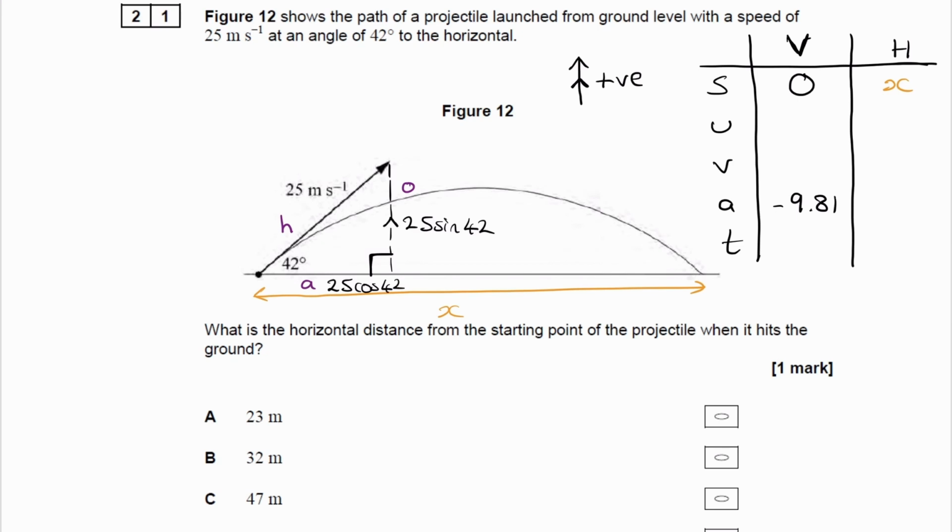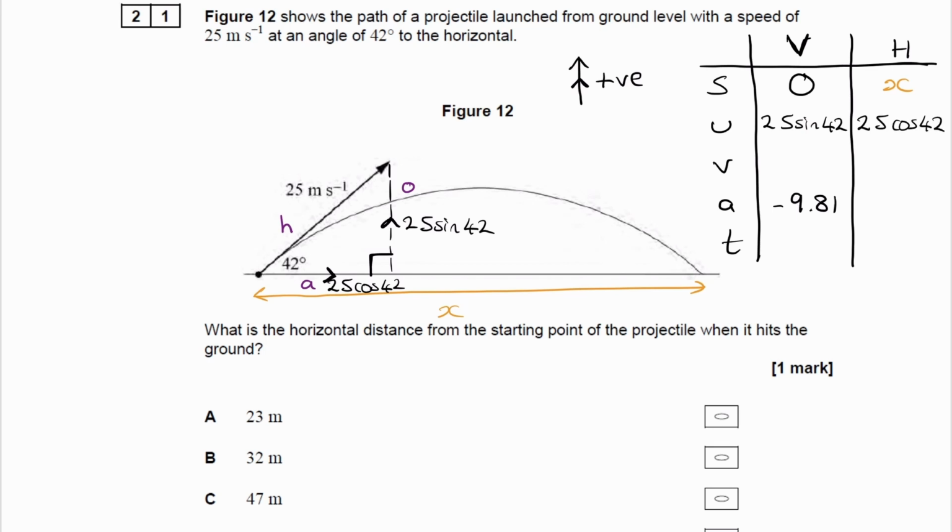So these are the two velocity components vertically and horizontally. So we can now put these things into our table. So the initial vertical velocity would be 25 sine 42. Initial horizontal would be 25 cos 42.